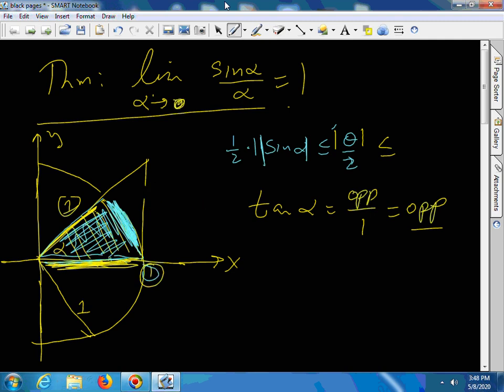This height is the tangent of A. And the area of this triangle, like any other triangle, is 1/2 times the base. The base is 1 times the height, which is tan A. Well, 1/2 times 1 is positive. Let's make sure that this inequality is also true in quadrant 4.